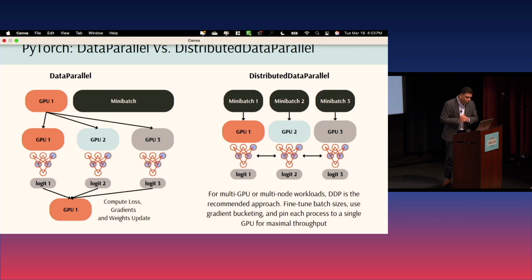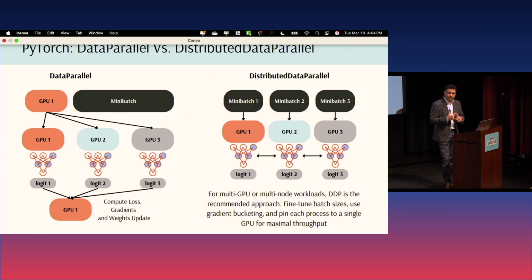When we think about DataParallel, think of it as you have a certain mini batch of training data that you want to train on. Your GPU1, which acts as your master node, takes that batch, and say you have n GPUs available for training, it splits that input batch into batch by n and passes the data to individual GPUs.